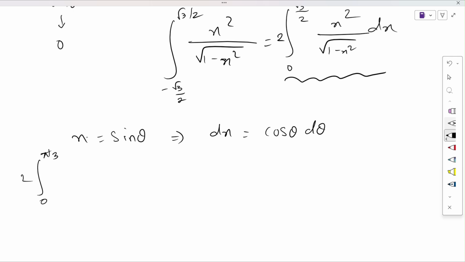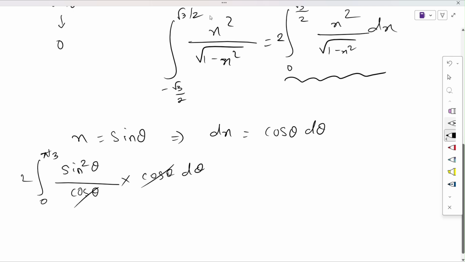The numerator will become x square, which is sine square theta, and the denominator will become root of 1 minus sine square theta, which is root over cos square theta, and it is nothing but cos theta, times dx, which gets replaced by cos theta d theta. I can cancel this. This will become twice the integration from 0 to pi by 3 of sine square theta d theta.